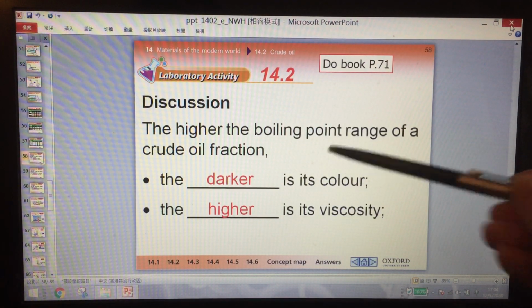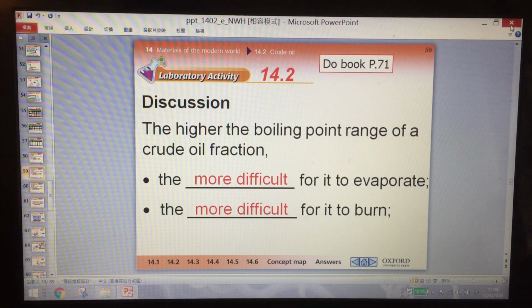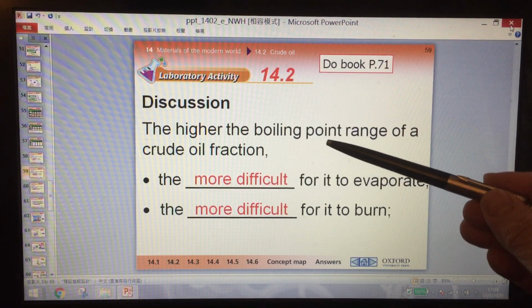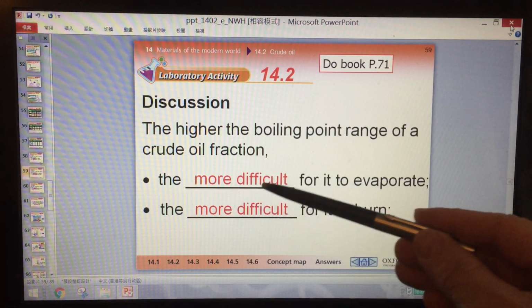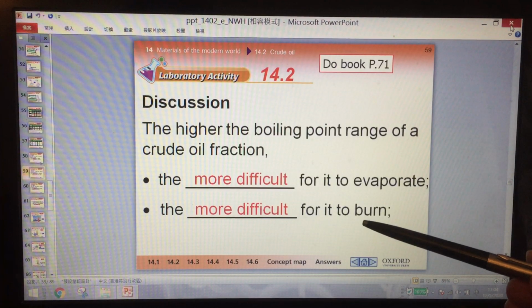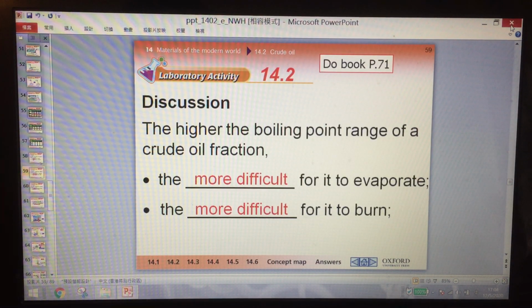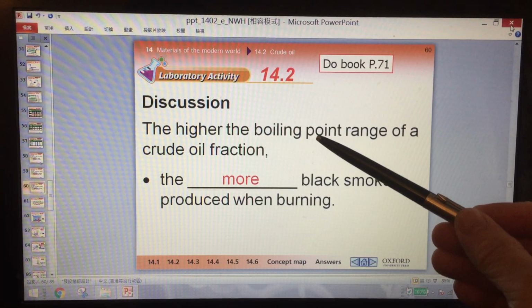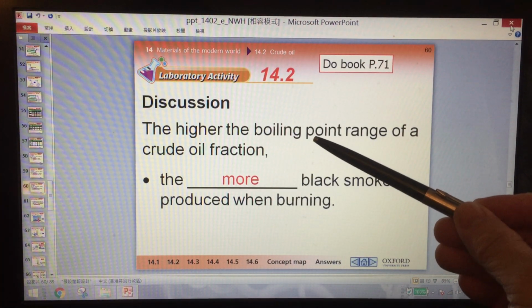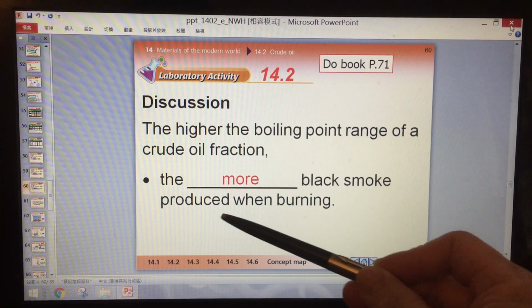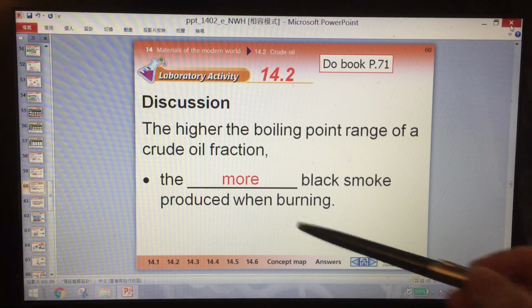The higher the boiling point, the larger the molecule size, and the more difficult it is to evaporate and to burn. For a higher boiling point, the molecule size is larger and more black smoke is produced when burning.